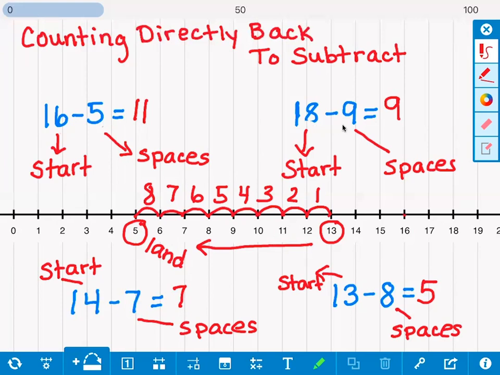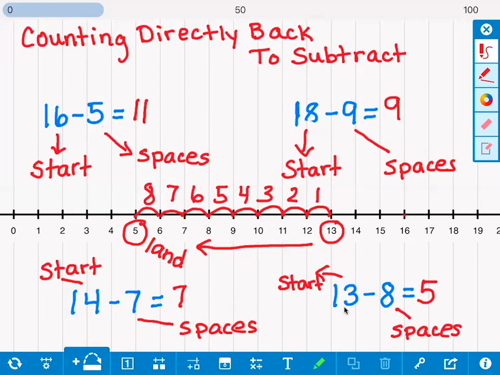When we did 18 minus 9, we started with 18, we moved back 9 spaces and landed on 9. When we did 14 minus 7, we started with 14, we jumped back 7 spaces and landed on 7.